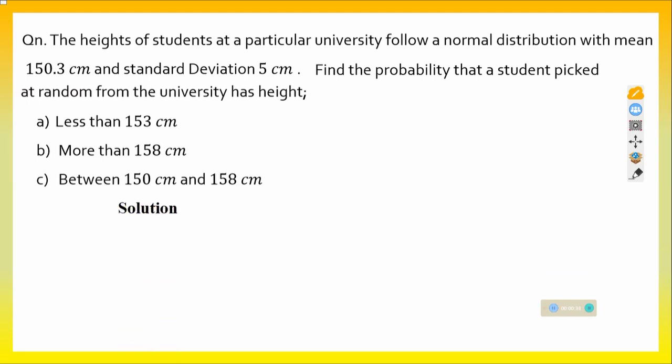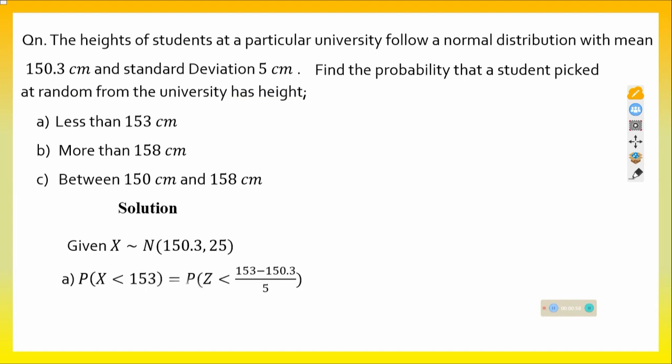Let us look at the example. If x is our random variable, it means x follows a normal distribution with mean 150.3 and variance which is 25. Variance is standard deviation squared. So you get 5 squared, which gives you 25.